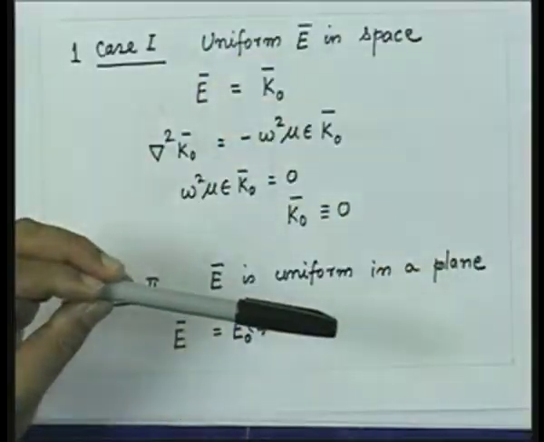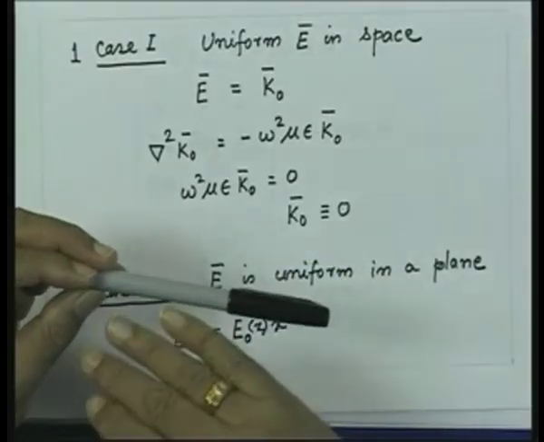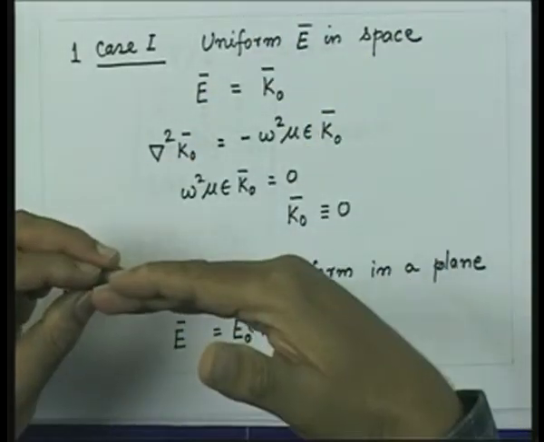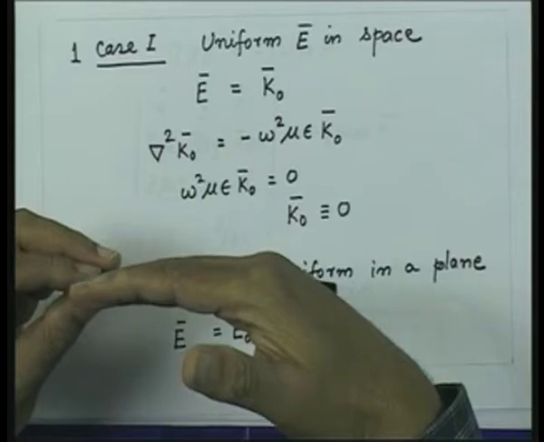So, then we can take the third possibility, that now I have the electric field which is like this, oriented in x direction. It is not constant in this plane. It is constant in any plane passing through this, and without losing generality I can take either this plane or this plane and assume that the field is constant in this direction.